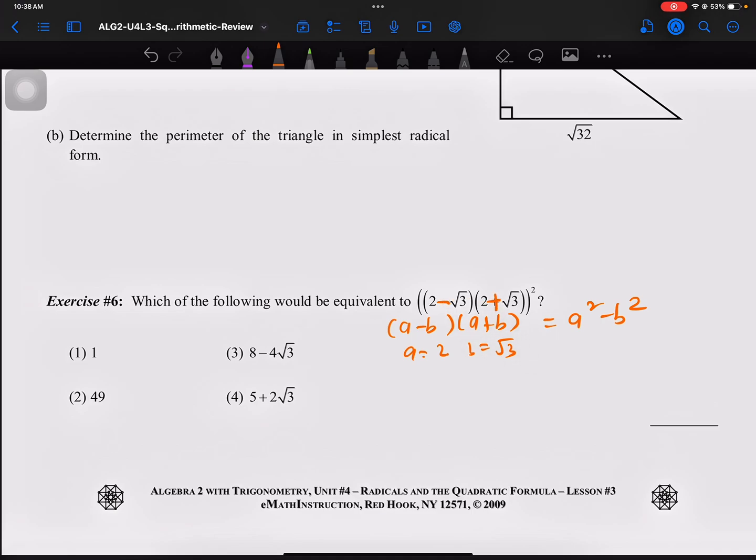So it is supposed to be 2² minus √3². So you have 4 minus 3, which is 1. So from here, you get the choice. The answer is 1. You need to know that this is the conjugate pattern, and you can straight away use this form, A² − B². So the answer should be 1.